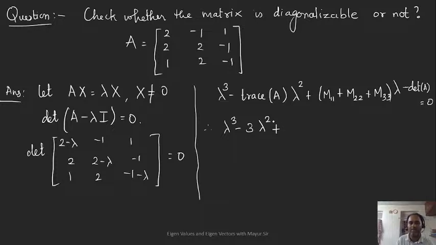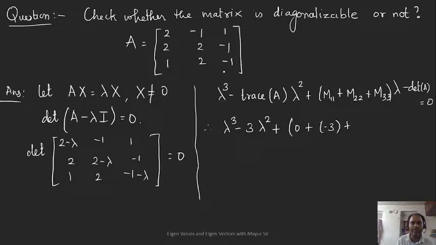Now let us calculate m11. M11 is: delete the first row and first column, so you have m11 is 0. M22: delete the second row and second column. So it is 2 into minus 1, minus 1 is 3, minus 2 into minus 1 is minus 2, and then there is minus 1, so it is minus of 3.